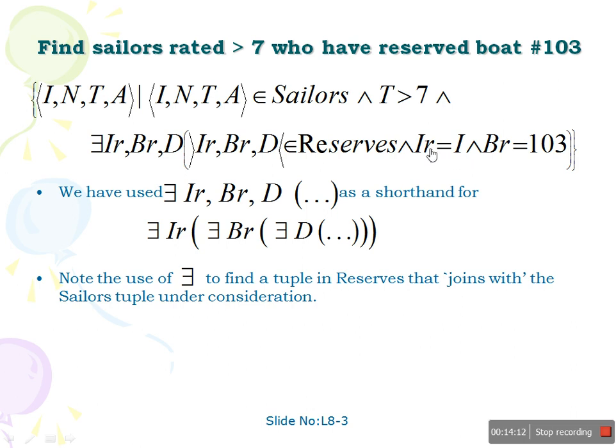So this is the join condition, and this is the boat ID condition. Here this is Reserves SID, Reserves boat ID, and this is the D. These are domain variables, and this tuple belongs to Reserves, and IR is equal to I and BR is equal to 103.